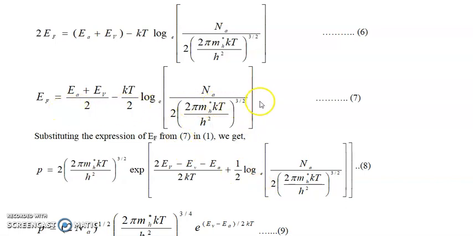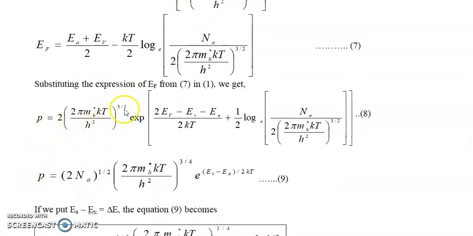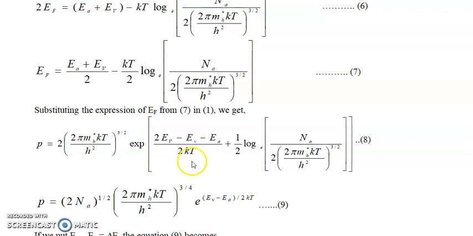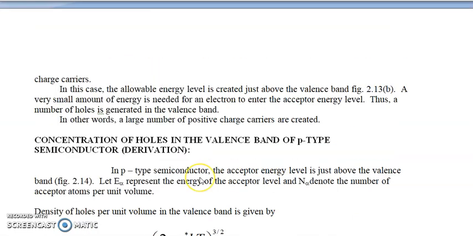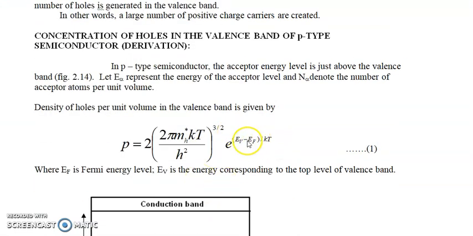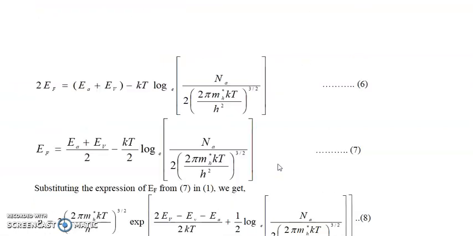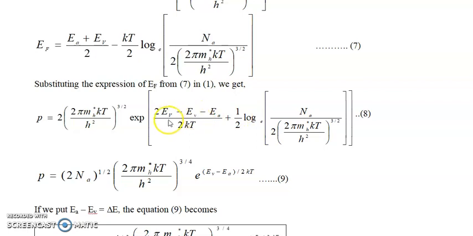Now we substitute this Ef value, equation 7, into equation 1, where p = 2(2π mh* kT/h²)^(3/2) exp((Ev − Ef)/kT). After substituting and simplifying, we get p = √2 [Na (2π mh* kT/h²)^(3/2)]^(1/2) e^((Ev − Ea)/2kT).